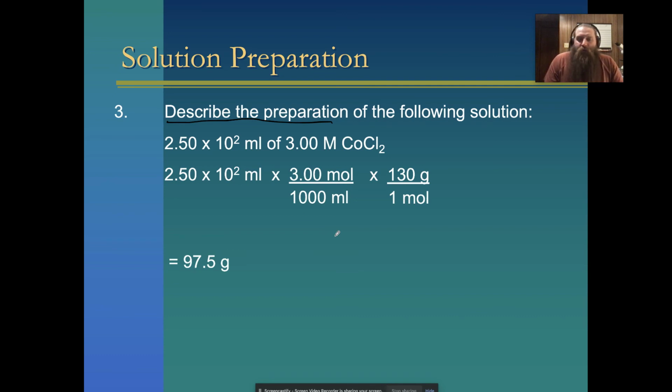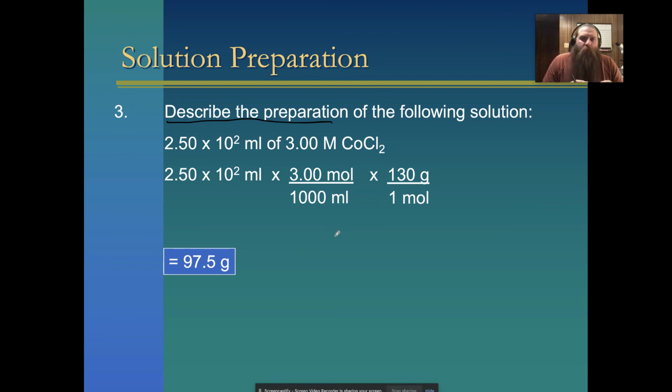So the answer I get for this is 97.5 grams. So now let's take that answer and describe the preparation. And it's really simple, all right? Here would be the answer. Take 97.5 grams of CoCl2 and add it to enough water to make 250 milliliters of solution.